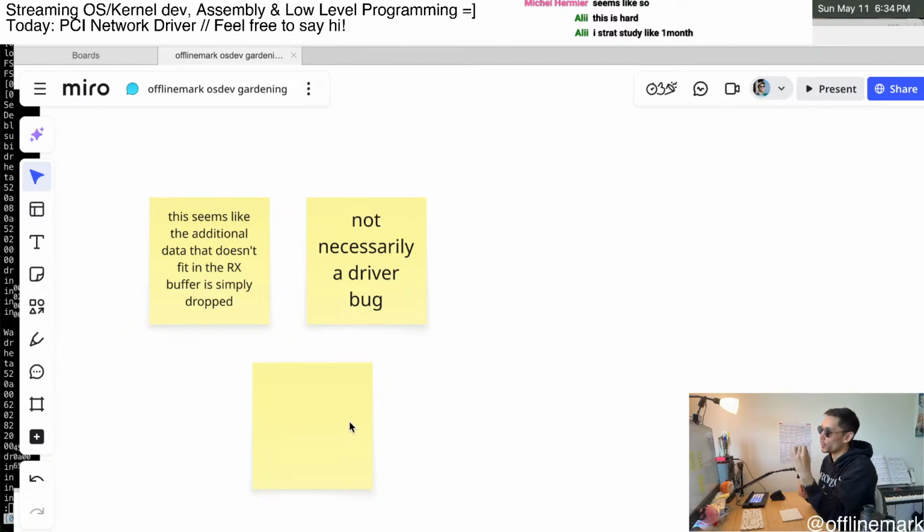Why can't the OS process the data as it's coming in? In real life, the NIC and the driver run concurrently, and as the NIC is pushing in new data, the driver is popping it off. It seems like that is not really how it works here. I mean, in the emulated environment, a lot of things are different.